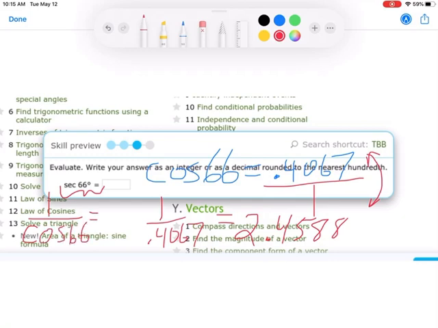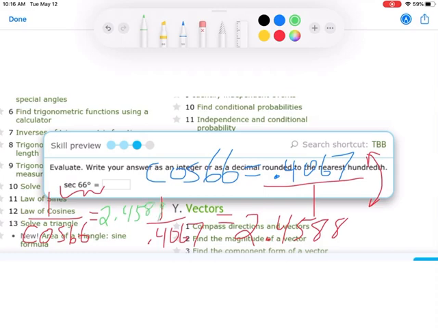On my calculator, I'm going to do the exact process right there. 1 divided by cosine 66, make sure in degrees, equals. Look at that, I get the exact same thing, 2.4589.